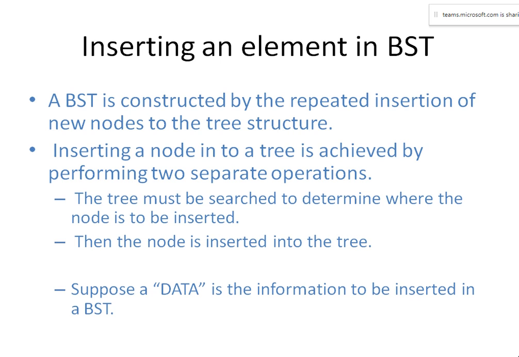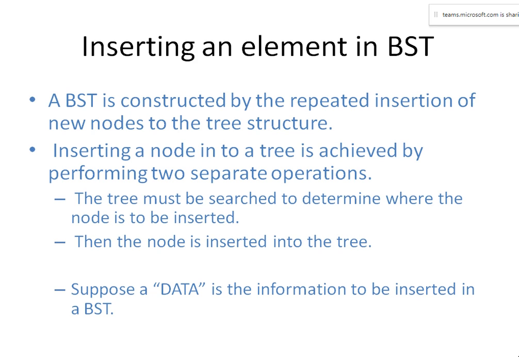Inserting a new node in a tree is achieved by performing two separate operations. Number one, the tree must be searched to determine where the node is to be inserted. And secondly, insert the node into the tree.